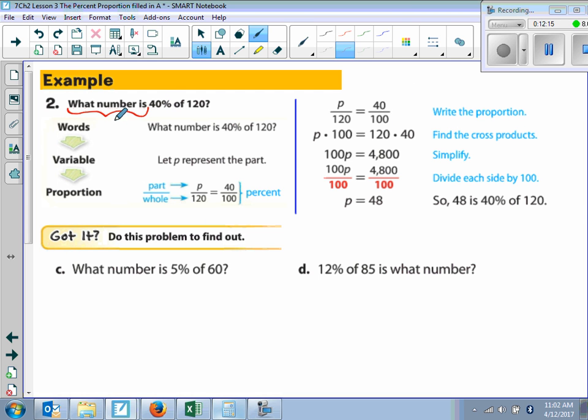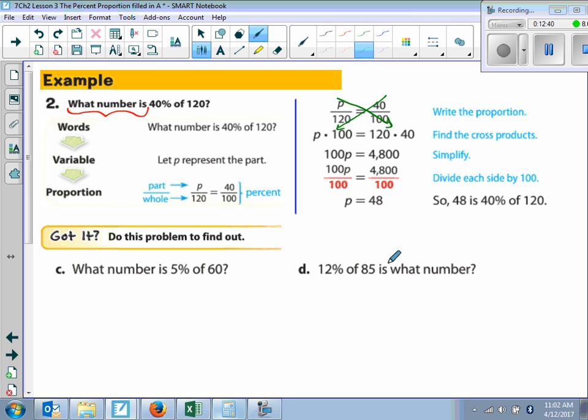So when we put this into the proportion, the part goes in the numerator, the "of" number or the whole goes in the denominator, and then the percent always written over 100. You see? So then we're going to cross multiply to solve this proportion.